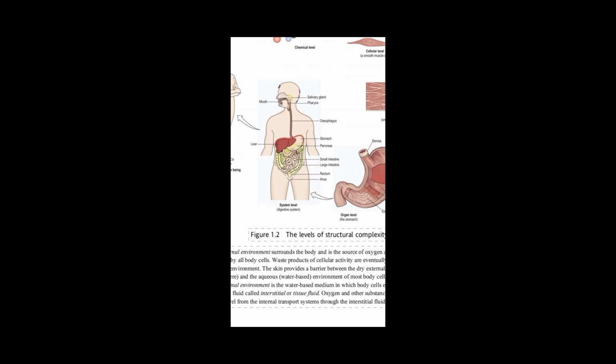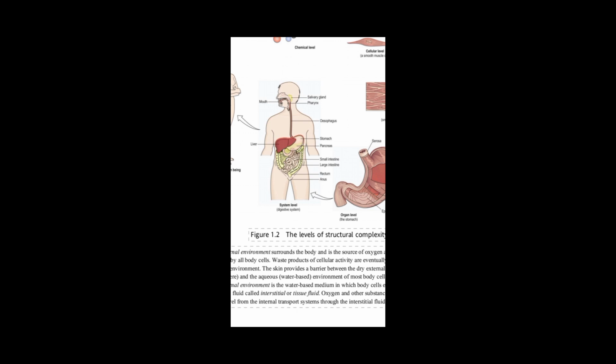So there is muscle tissue, then there is epithelial tissue, right? Then there is serosa, which is the outermost layer. As you can see, the innermost layer of the stomach, according to this diagram, is the epithelial tissue. Then the middle layer is the smooth muscle tissue.